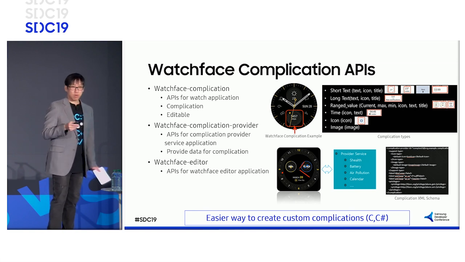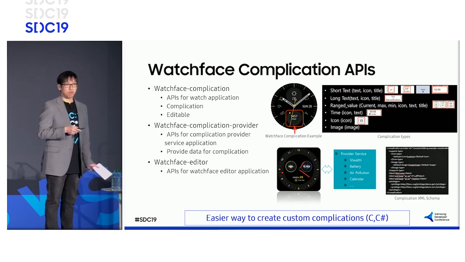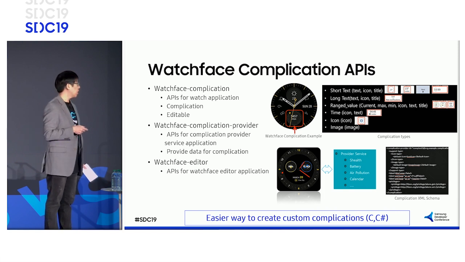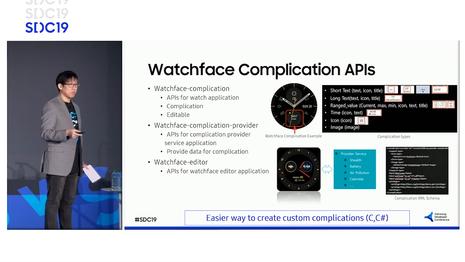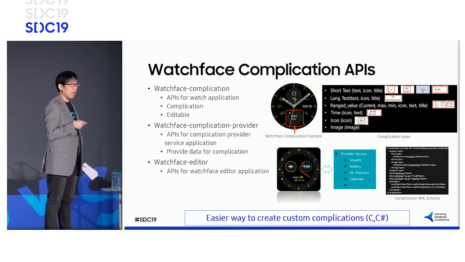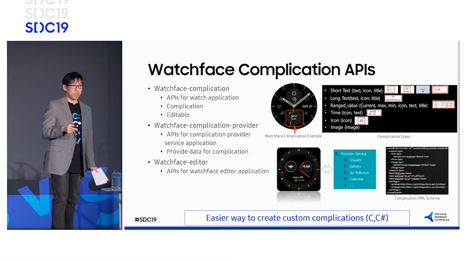You may add a complication using the Gear Watch Designer tool. That is probably the easiest way to add a complication. But the limitation of complications in Gear Watch Designer is that it only has predefined complications. I got a lot of VOC asking for a way to provide custom complications.